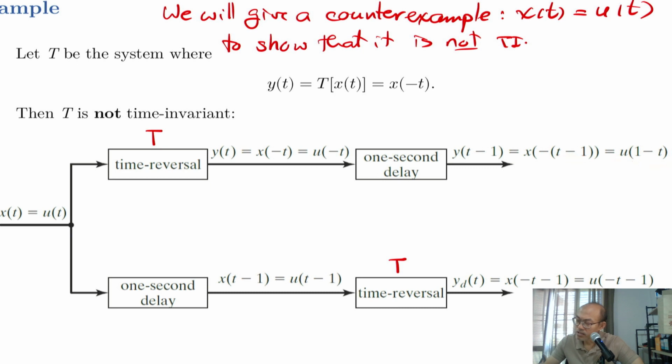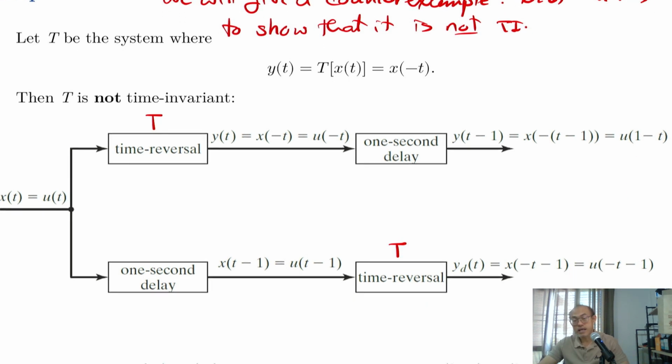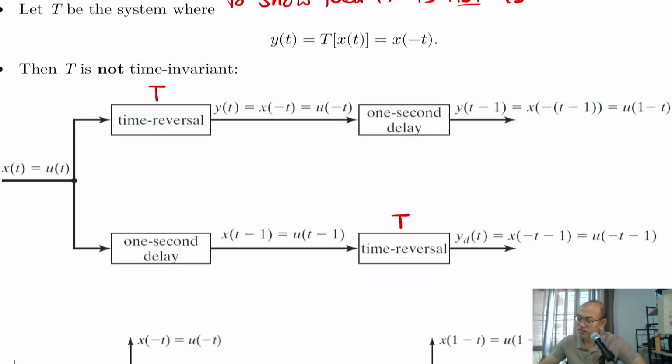But if we delay u first, we get u of t minus 1, and then we put it to the system, we time reverse it, and we get u of minus 1 minus t. You see that these two are not the same. So the condition star falls apart in this case, and we can conclude that this system is not time invariant.